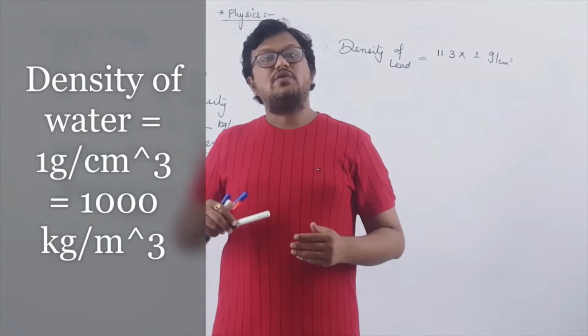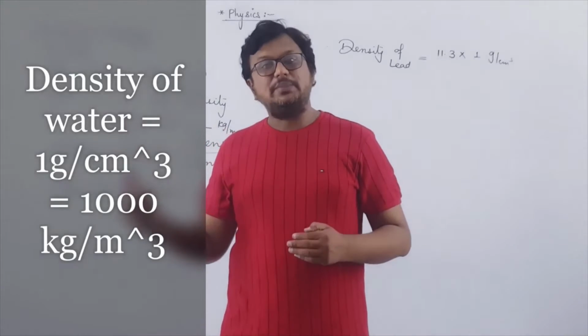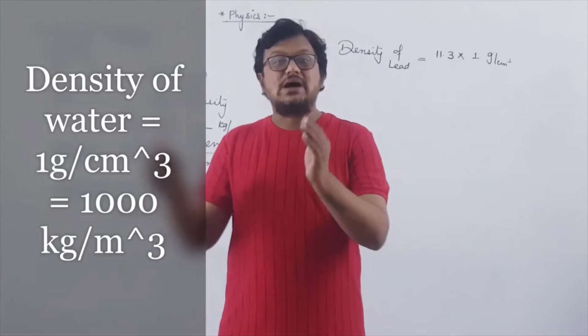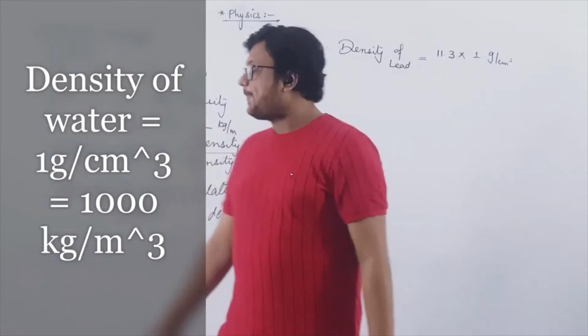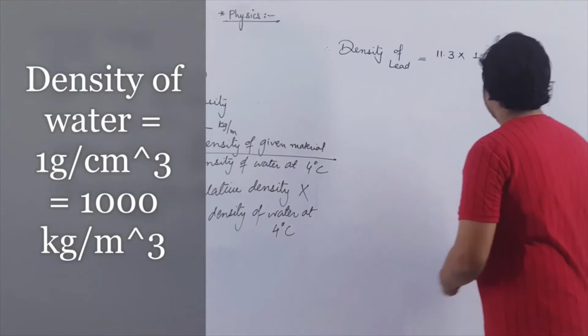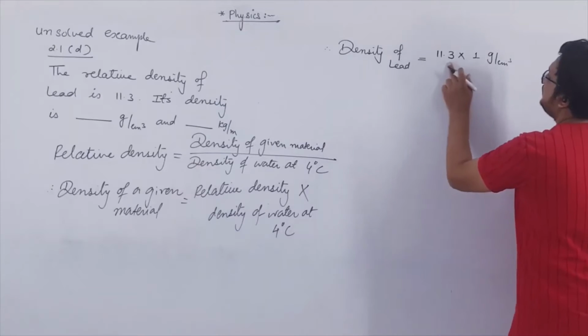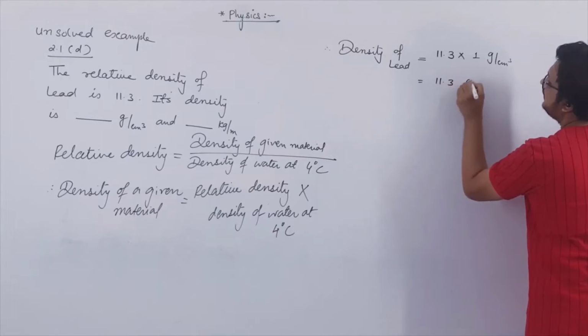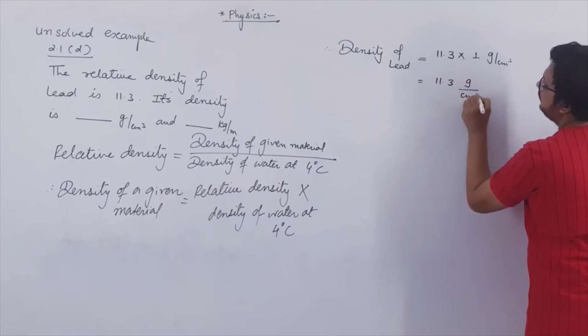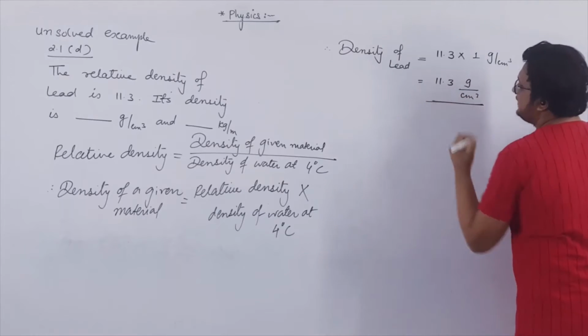The density of water is 1 gram per centimeter cube, which can be written as 1000 kg per meter cube, which we will derive now. So the density of lead will be equal to 11.3 into 1, so this is 11.3 gram per centimeter cube. This will be our first answer.